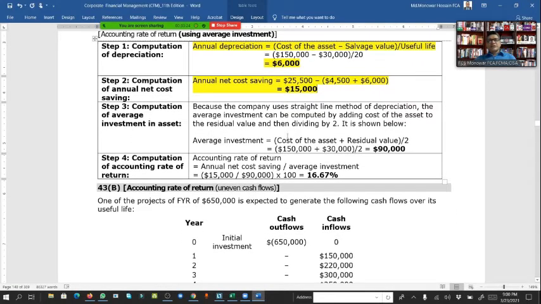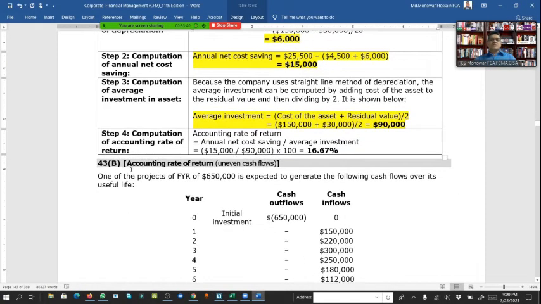Here we calculate the average investment: cost of the asset plus residual value, divided by 2. So the average investment is 90,000, as per the formula given in this method. And number 4, the final computation of the accounting rate of return: annual net cost saving divided by average investment, multiplied by 100, and we get 16.67%.